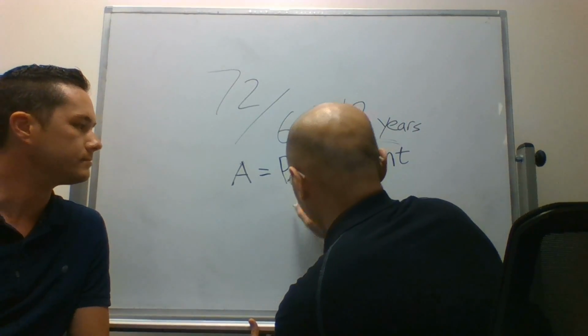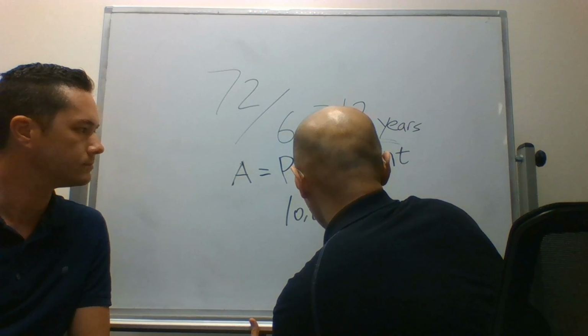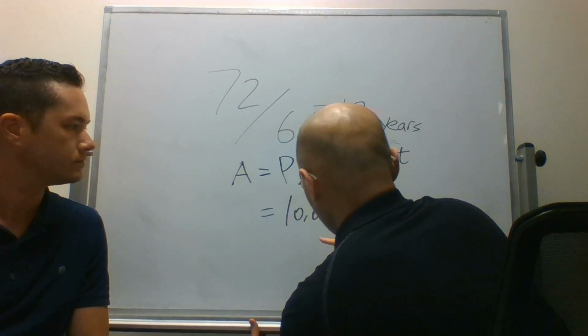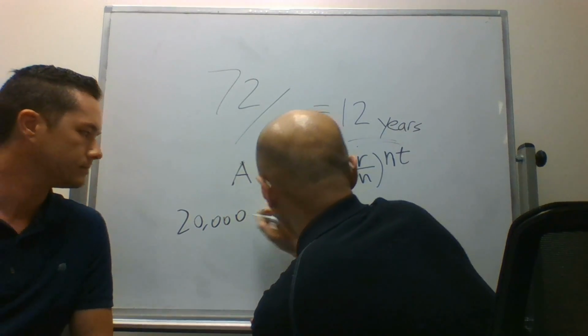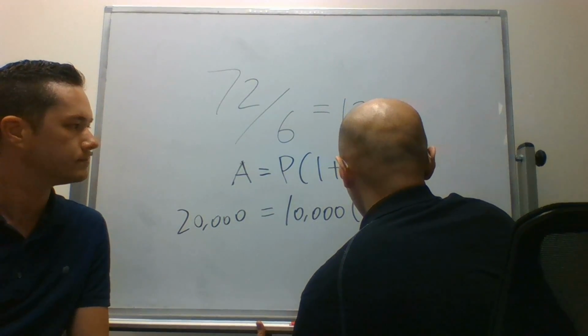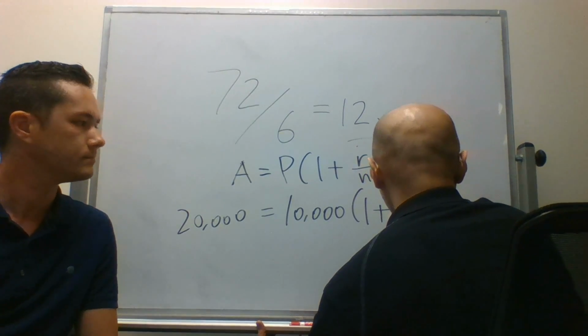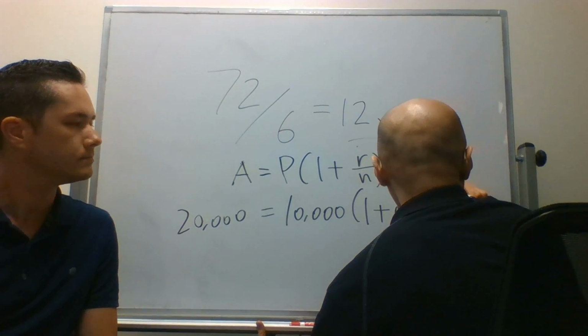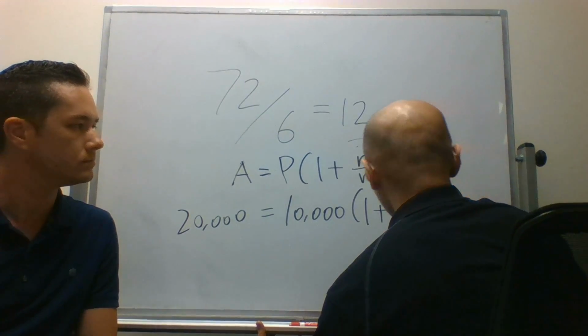So suppose that we're starting with $10,000. Then doubling that, we're going to get $20,000. We're going to multiply this by (1 plus 0.06/1) to the power of 1 times t.